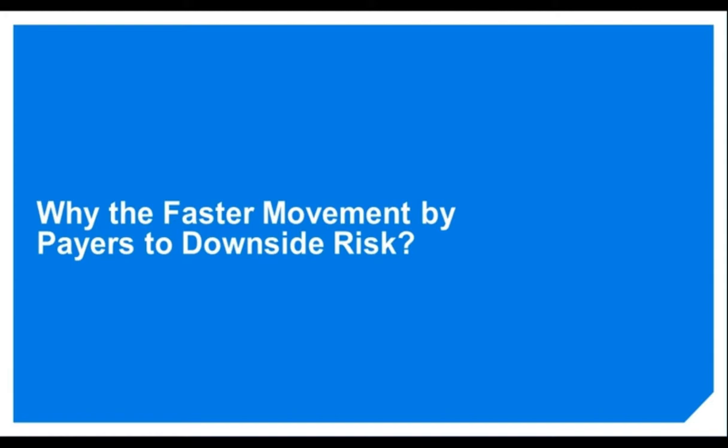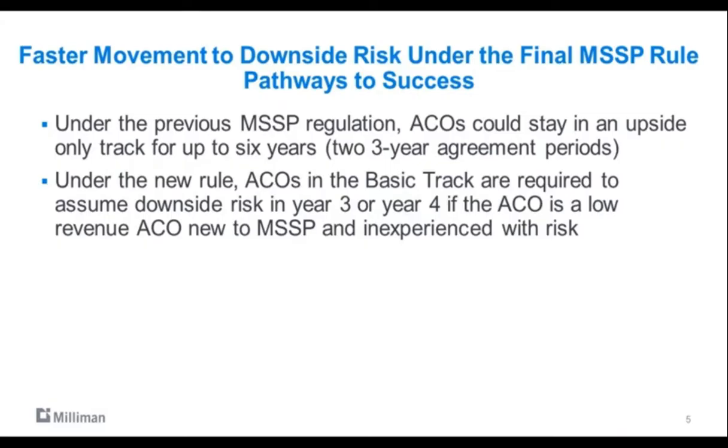So we'll get started by asking the first question, why this faster movement to downside risk? This has been highlighted more and more because of the final MSSP rule, Pathways to Success, which does require faster movement to downside risk. Under the previous MSSP regulation, ACOs could stay in an upside-only track for up to 6 years.